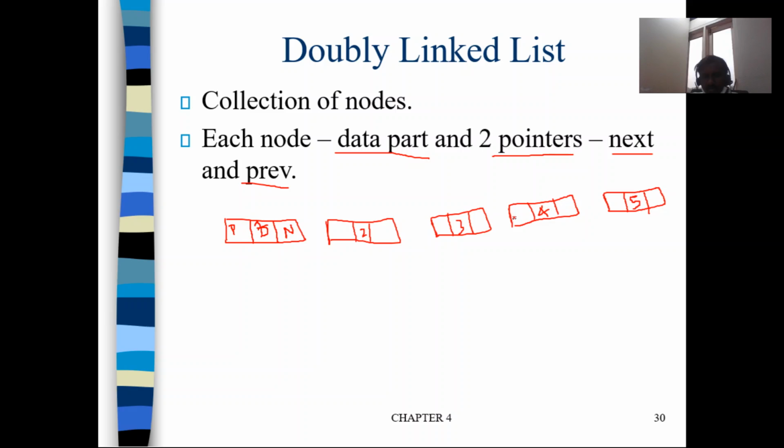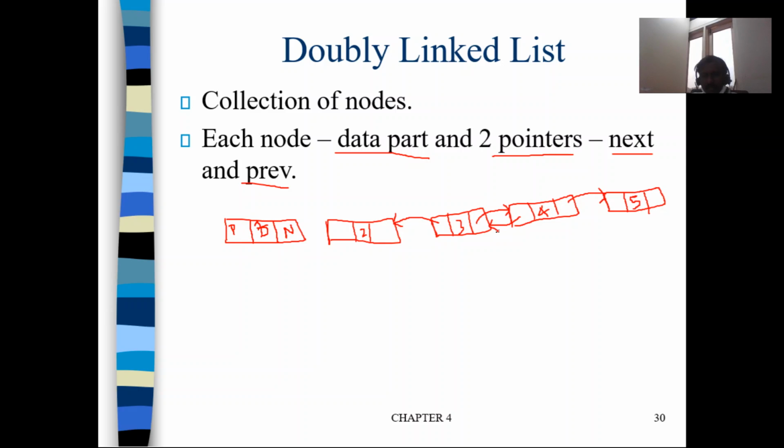Okay, so if you see, node 3's next pointer will point to node 4, so this is the next pointer. Node 3's previous pointer will point to node 2. Similarly, node 4's next pointer will point to node 5. Node 4's previous pointer will point to node 3.